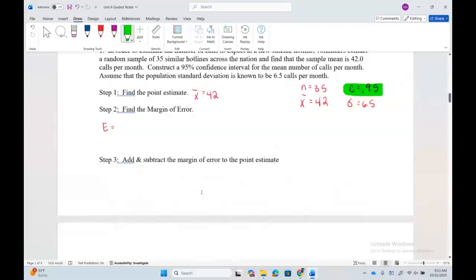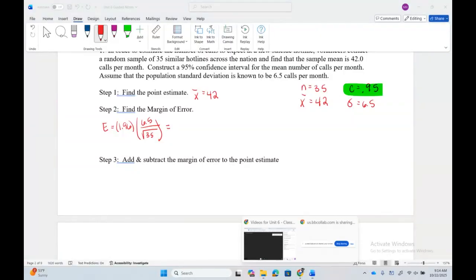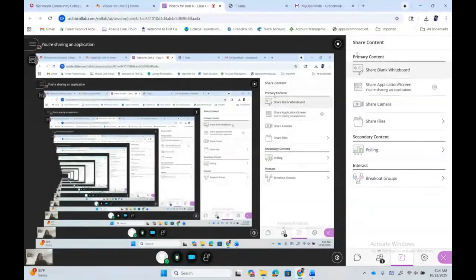So now I'm going to come back here and in my formula put 1.96, and then I multiply by my population standard deviation over the square root of n. I'm going to put this in my calculator all in one step. So here's my calculator.